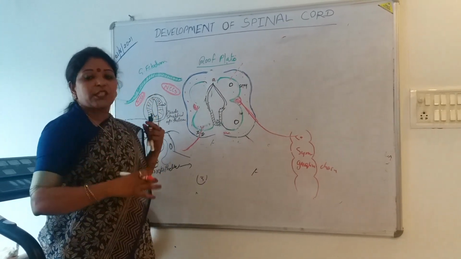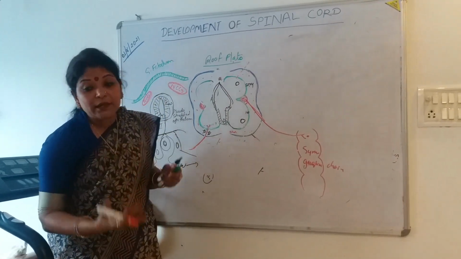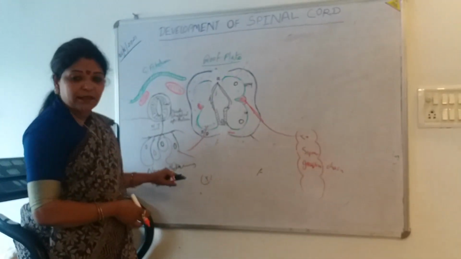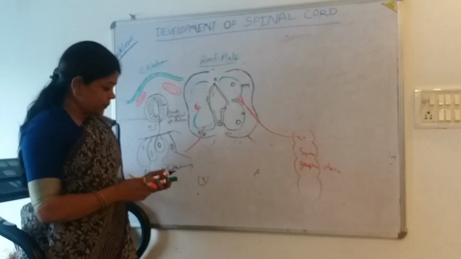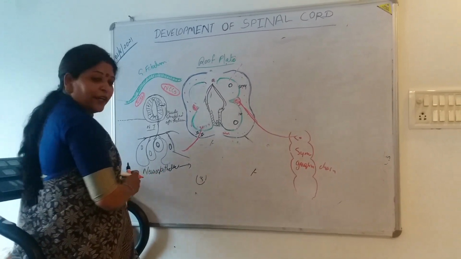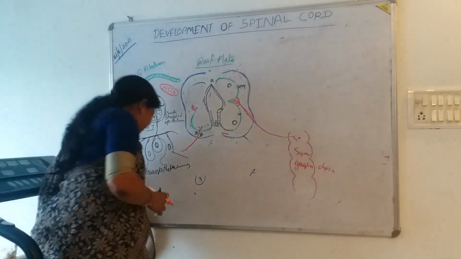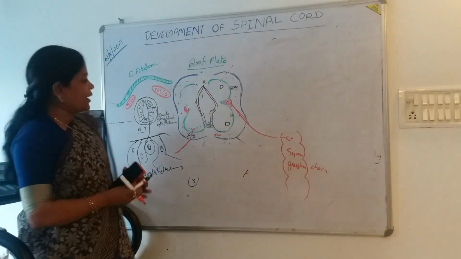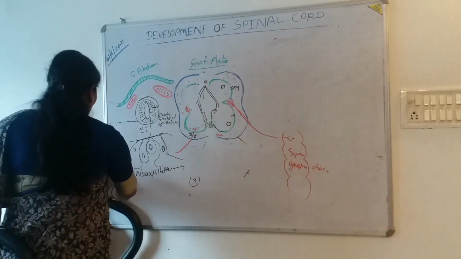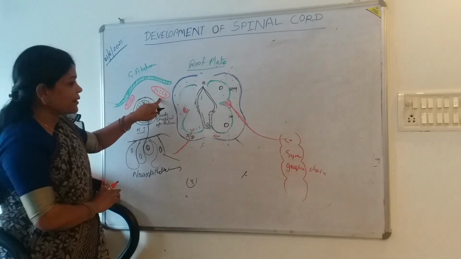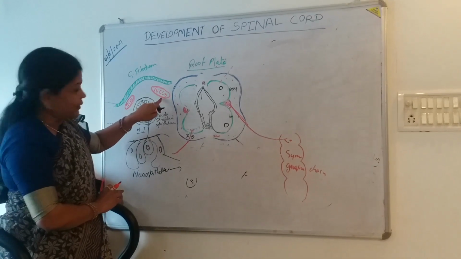Where is the sympathetic chain deriving from? Is it deriving from the neuroepithelial cells? Yes or no? Anyone? Yes, ma'am. Is it deriving from the neuroepithelial cells? Neural crest. Yes, very good. The neural crest cells are responsible. That's why I have drawn the diagram here with red. The neural crest cells are the red color here.